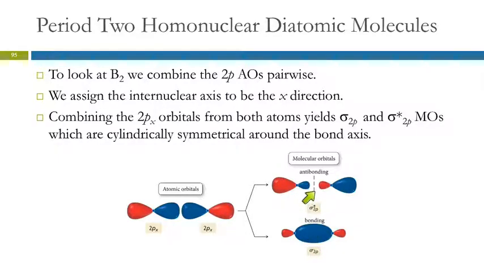And if we add them together so that they're out of phase, we get an anti-bonding orbital. So this is like adding 2 p orbitals, and this is like subtracting one from the other. So we get bonding and anti-bonding. These also are symmetrical around the internuclear axis, and so these are sigma. So this is sigma 2p and sigma star 2p. Does that make sense?